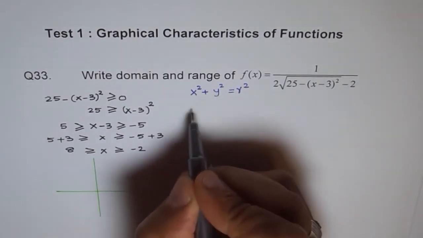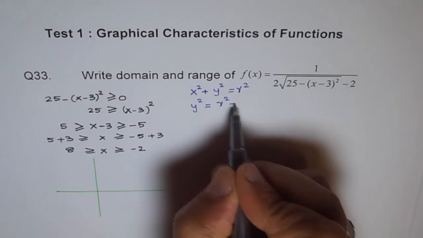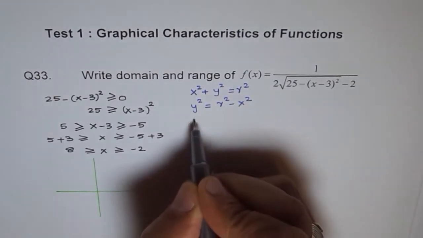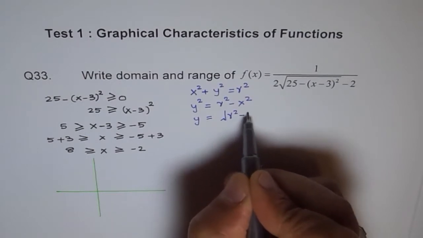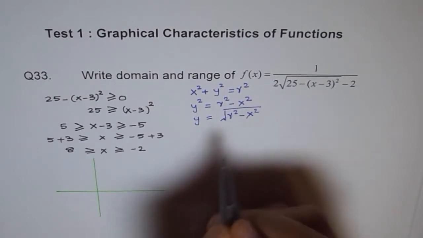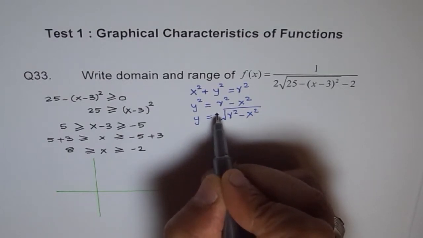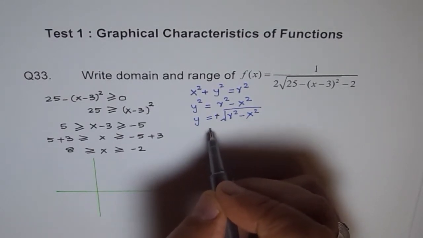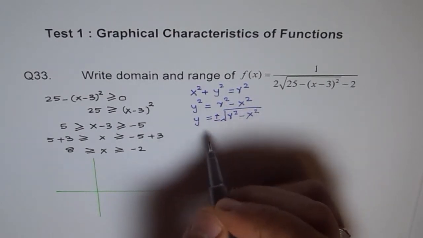Now here, y squared equals r squared minus x squared, and y equals the square root of r squared minus x squared, with plus and minus, right? If I write plus only and not the minus, then it's the upper half. If I write minus, the whole circle.